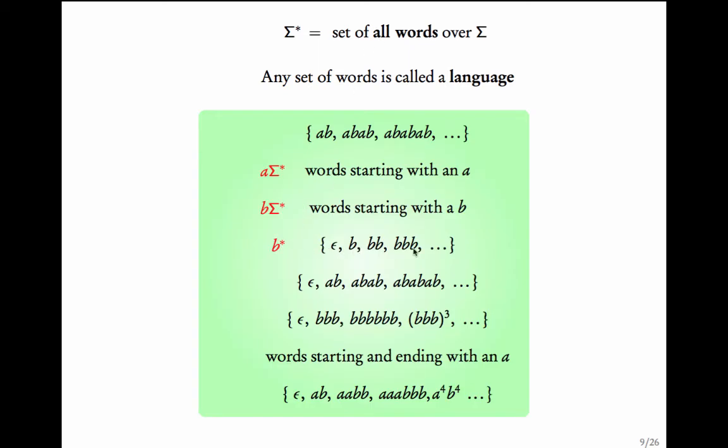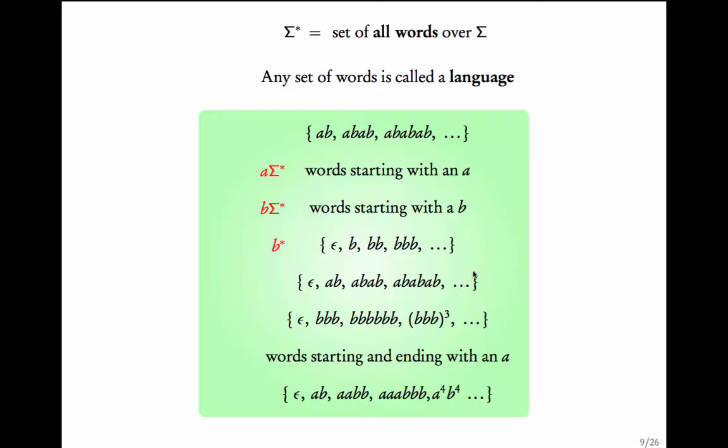I will just get this language. So instead of sigma, where sigma is AB, replace it with B. B star will include epsilon, just B, then B dot B, B dot B dot B, and so on. Okay, replace sigma with B, you will get this set.